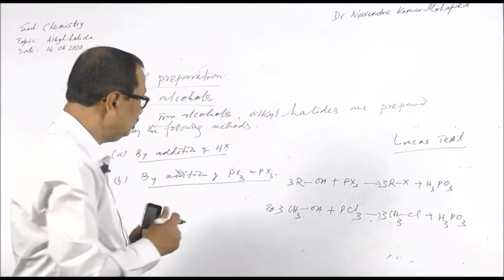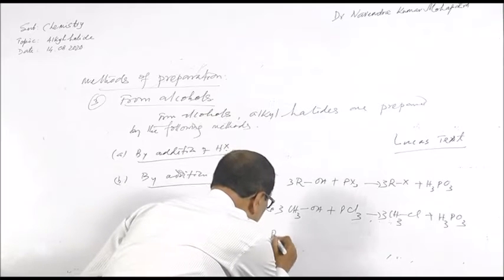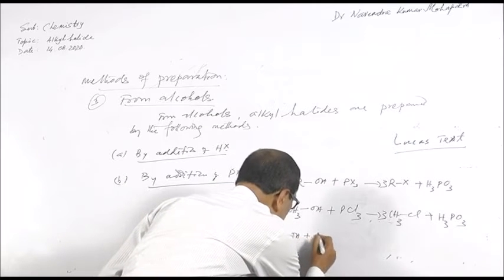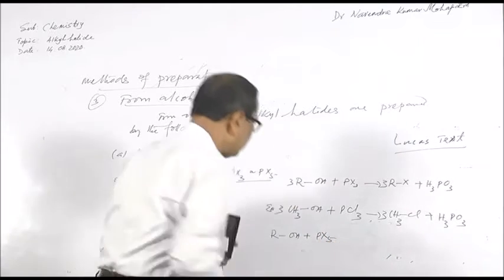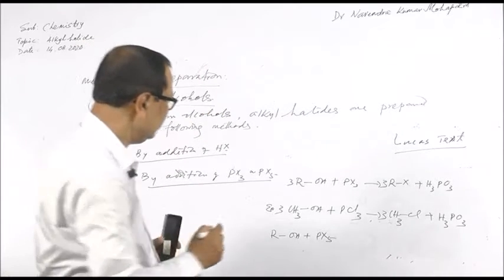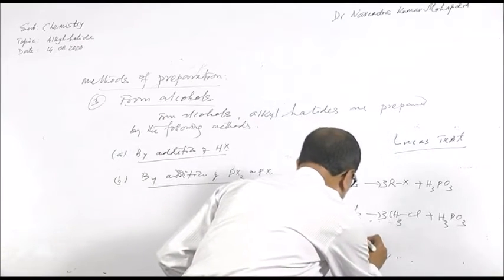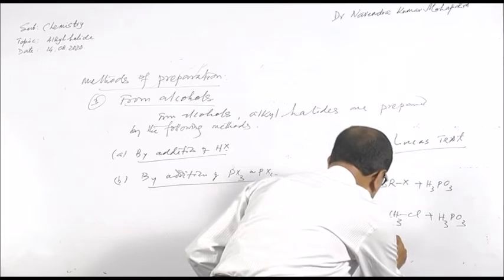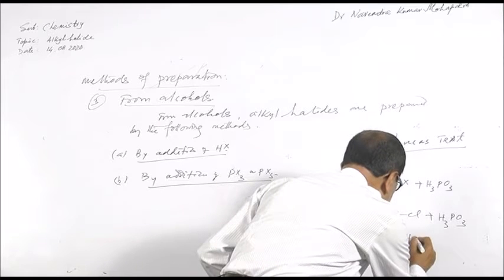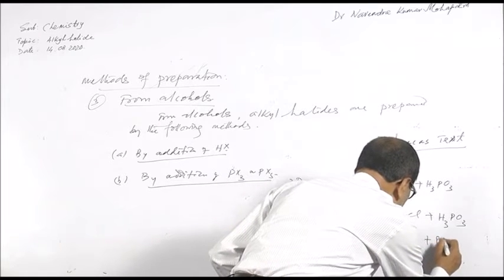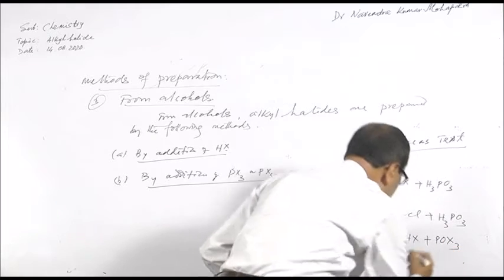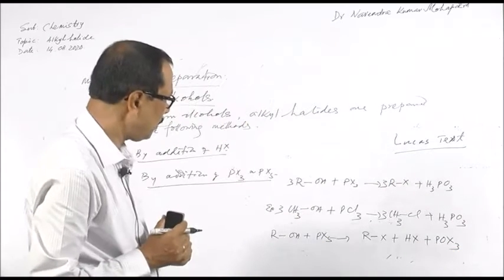On the other hand, if you add ROH plus PX5, phosphorus pentahalide, then the product will be RX plus HX plus POX3, phosphorus oxychloride.